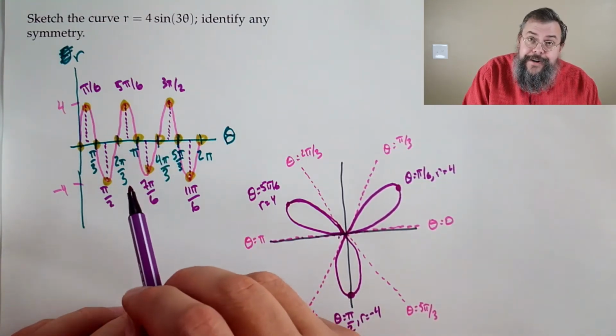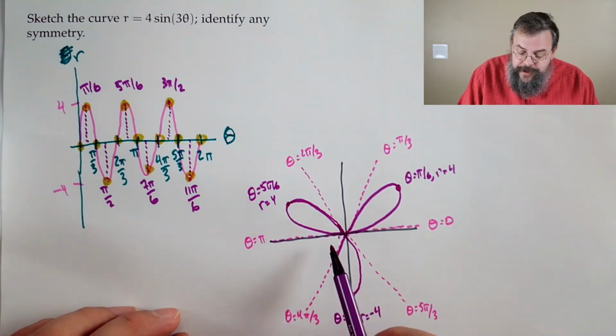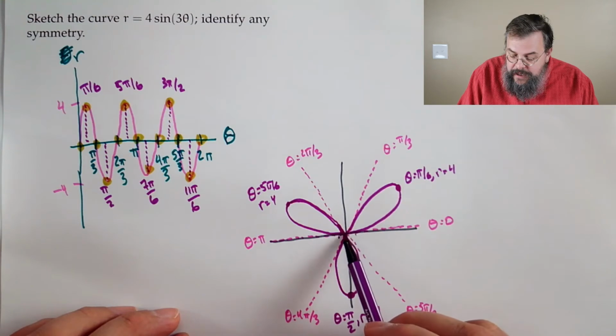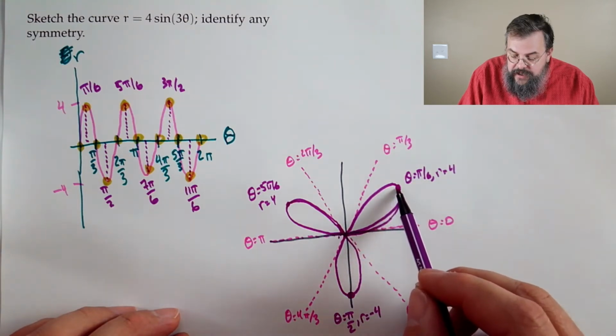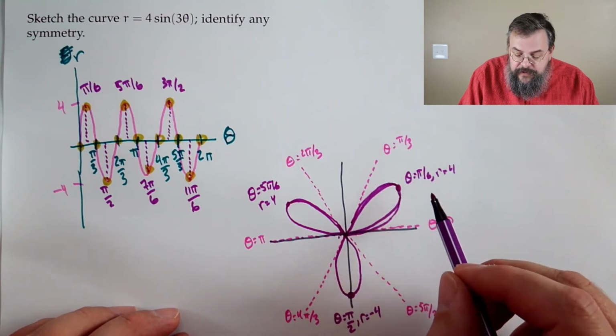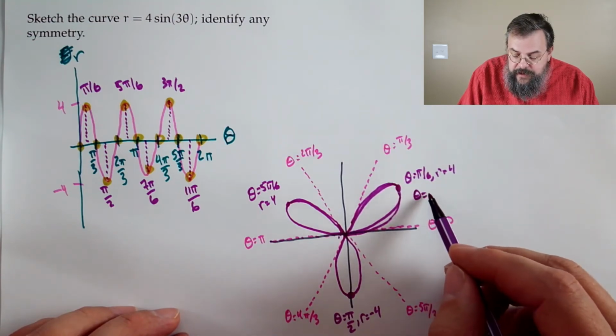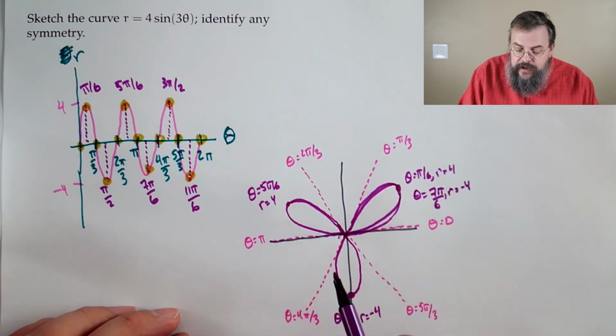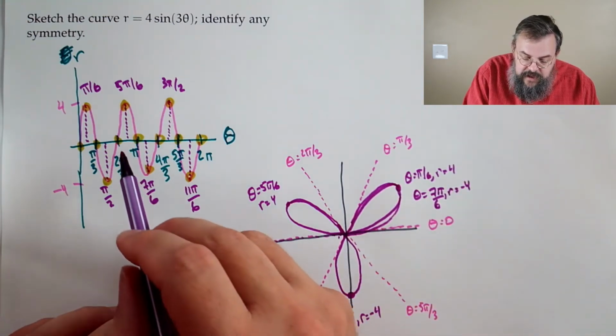But r is negative. So we're not going to be down here. What will happen is we're going to be back over here a second time. So not only is this theta equals pi over 6, r equals 4, it's also theta equals 7 pi over 6, and r equals negative 4. So that's going to be the next one.